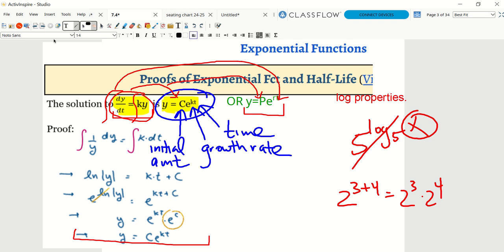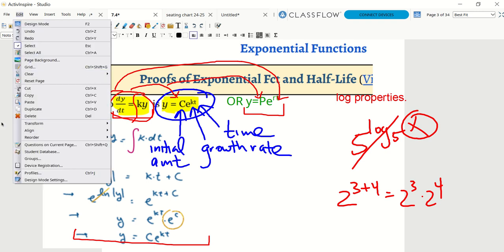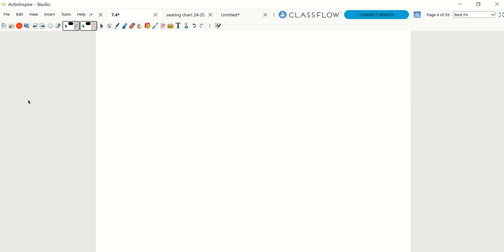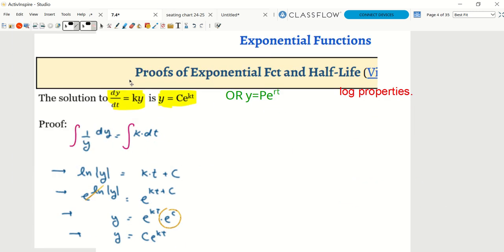So we're going to antiderivative both sides here. This, and this becomes ln of y. And when you antiderivative that, you are going to get k times t, plus the c.